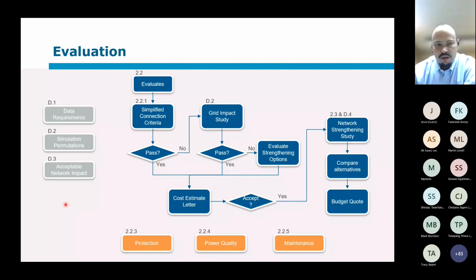Okay, so once you've done this, you've got a good idea of what the impacts are in terms of protection that needs to be upgraded or changed. Maintenance, what's the impact going to be on the maintenance on your network? You've done the power quality aspects. Now you can issue a cost estimate letter.